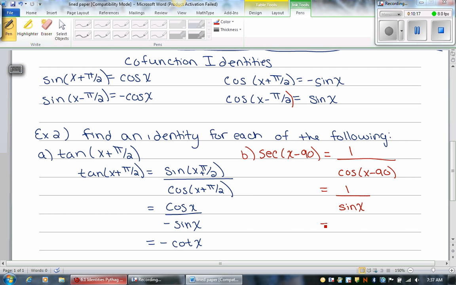And then my last step is realizing that I don't want to leave this written as a fraction. I'd like it in terms of a single trigonometric function. 1 over sine is cosecant. So we're going to adjust that to cosecant x. Okay, so what we've done is we have shown that secant of x minus 90 is equal to cosecant of x.